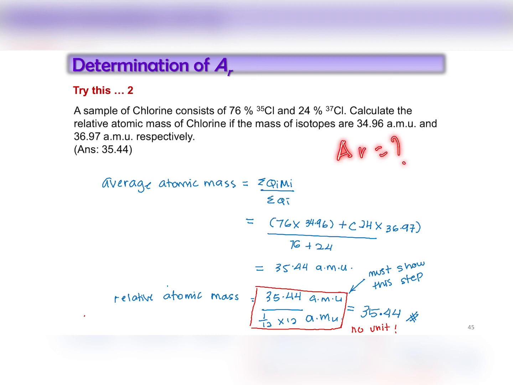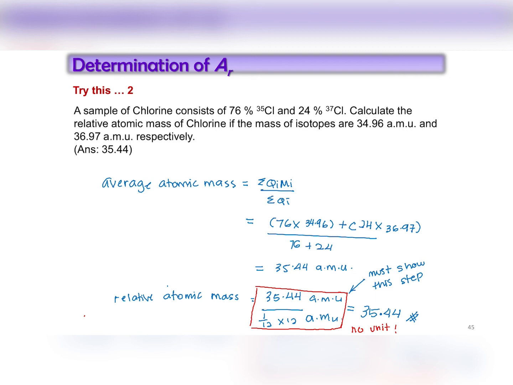Okay, so we just follow the flow. First step we find the sum of Ki Ek, and then you get the average atomic mass, and then from there you can find the relative atomic mass for Cl, okay, for your sample.